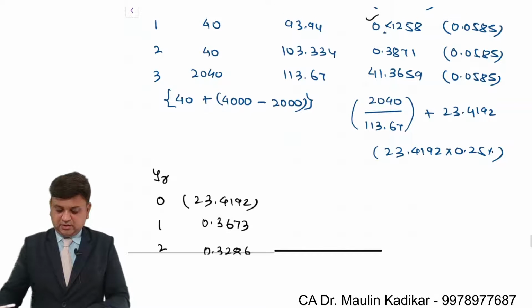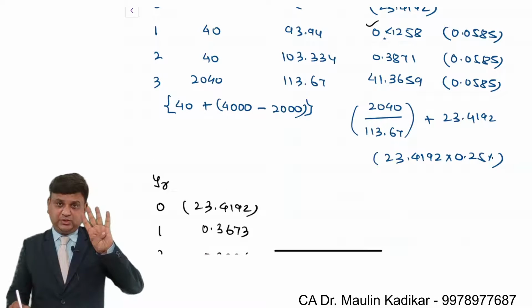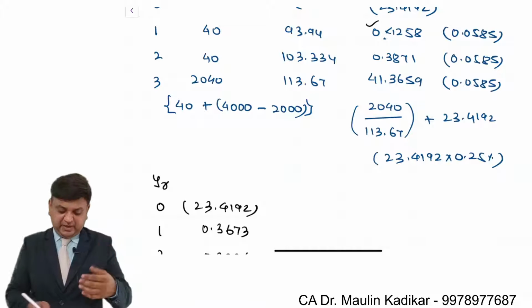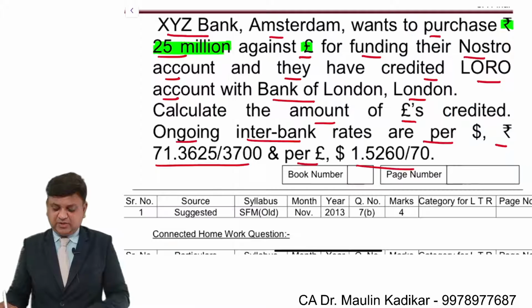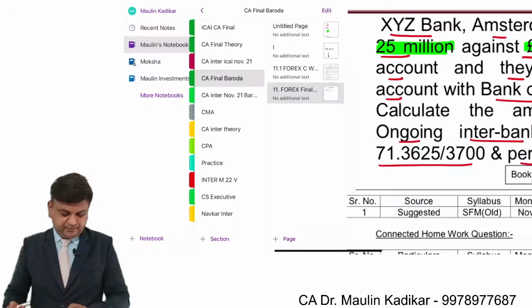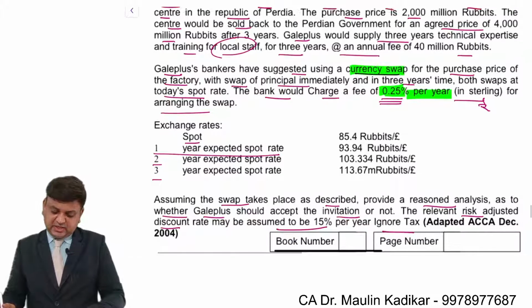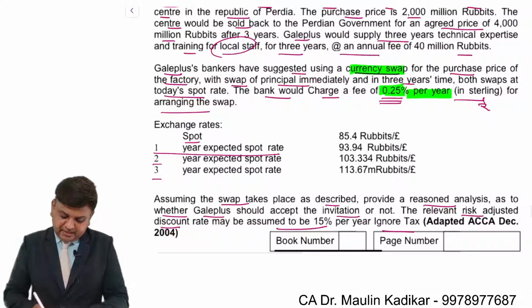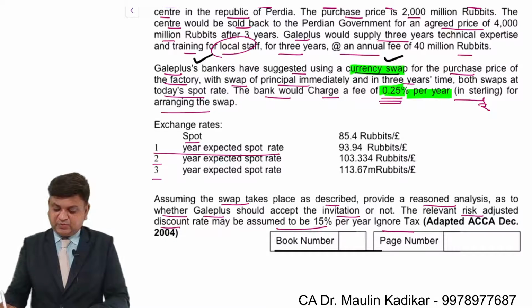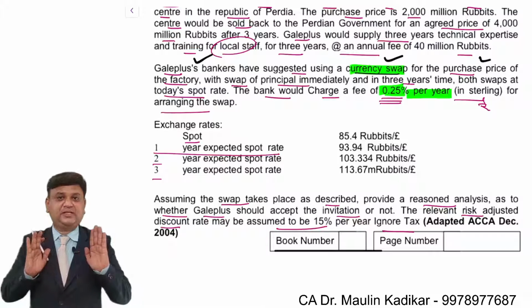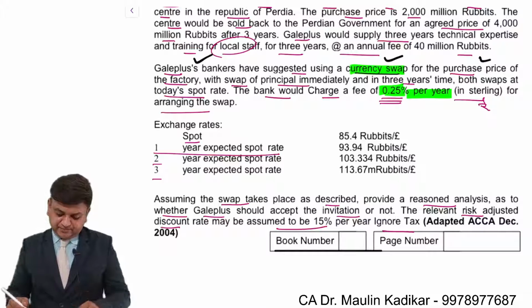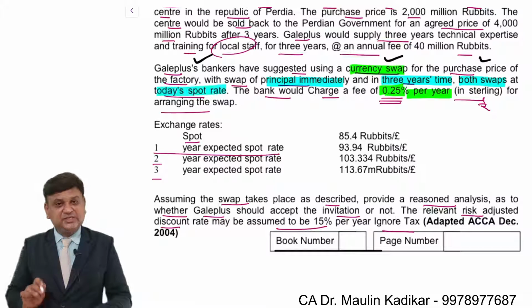In the third year, you receive a total of 4000. Out of that, 2000 is paid, and against that you will receive 23.4192, the amount of the initial investment. You can see that the language of the question says very clearly that Gale Plus bankers have suggested using the currency swap for the purchase price of the factory, that is 2000 million rupees, with the swap of the principal immediately and in 3 years' time. Both swaps are at today's spot exchange rate, that is 85.40.